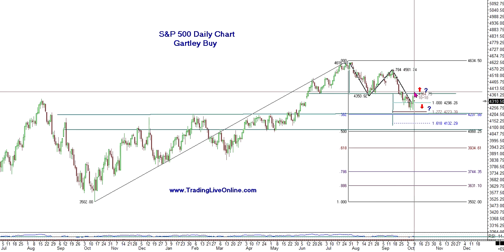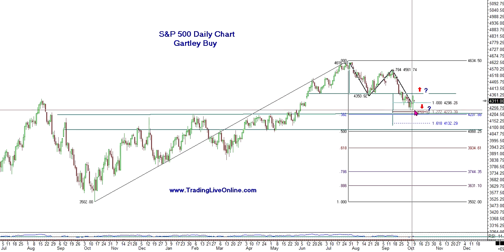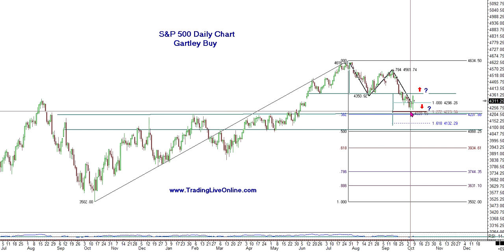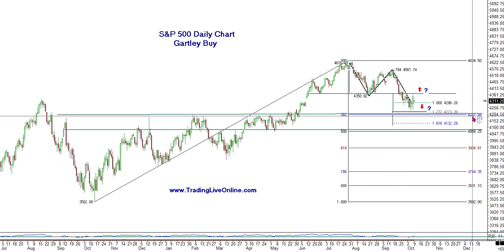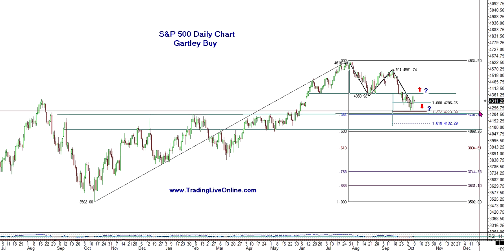If price exceeds these lows right here in the S&P 500, about the 4235 level, and breaks that, we're going to be hitting that 4200 level and maybe even below it. The 382 retracement is right at 4200, 4201.